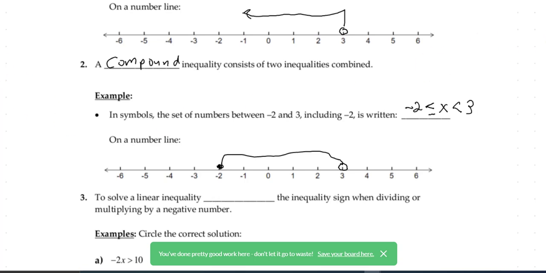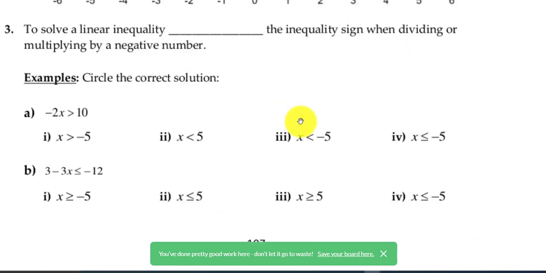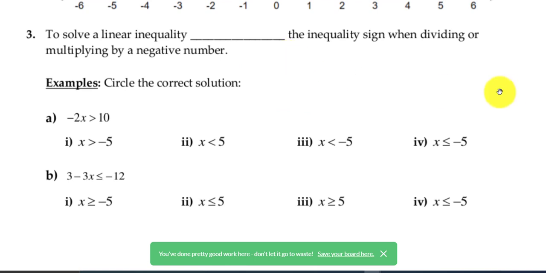Number 3. It says to solve a linear inequality, reverse the inequality sign when dividing or multiplying by a negative number. Okay, so I'll write in the word reverse, right? Or some people might say switch. But I'll write reverse the inequality sign when dividing or multiplying by a negative number. And it says circle the correct solution.